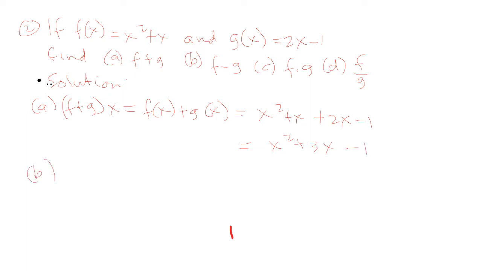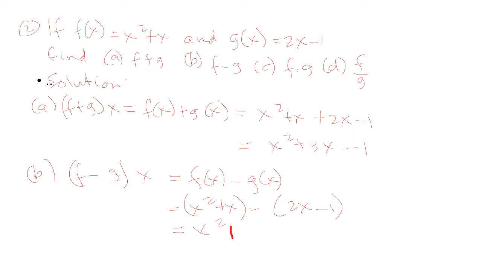So letter B, f minus g of x equals f of x minus g of x, equals x squared plus x minus 2x minus 1, equals x squared minus x plus 1.